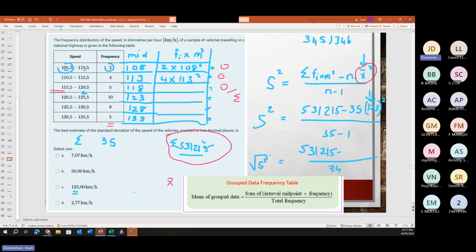So 123 to the power of 2 times 35 gives me 529515.